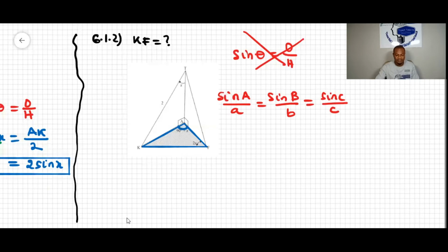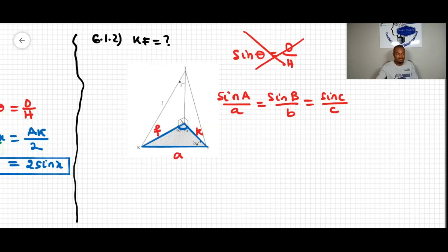If A is here, then the side opposite, AK, is lowercase a. Because this is K, uppercase K, the side must be lowercase k, and this is F, so this will be lowercase f. That's how we label those sides.